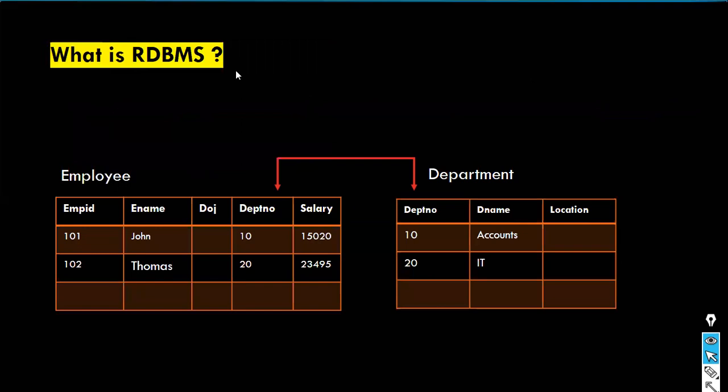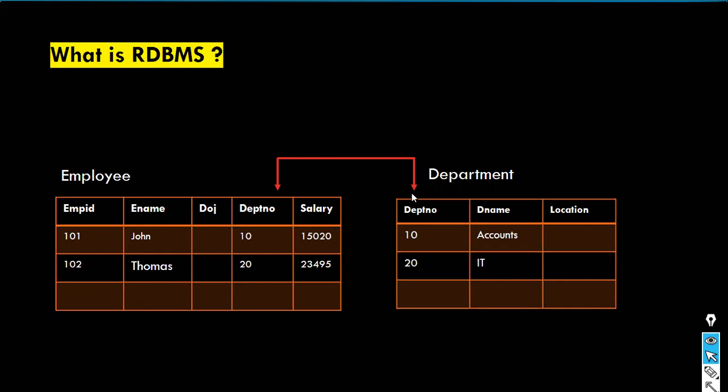Okay, what is RDBMS? Like I said, relational database management system. If you want to query the data from both these tables, in that case, you need to create a relationship between the 2 tables in the case of RDBMS. For example, I want to display a report with the employee name, the department name and the salary.